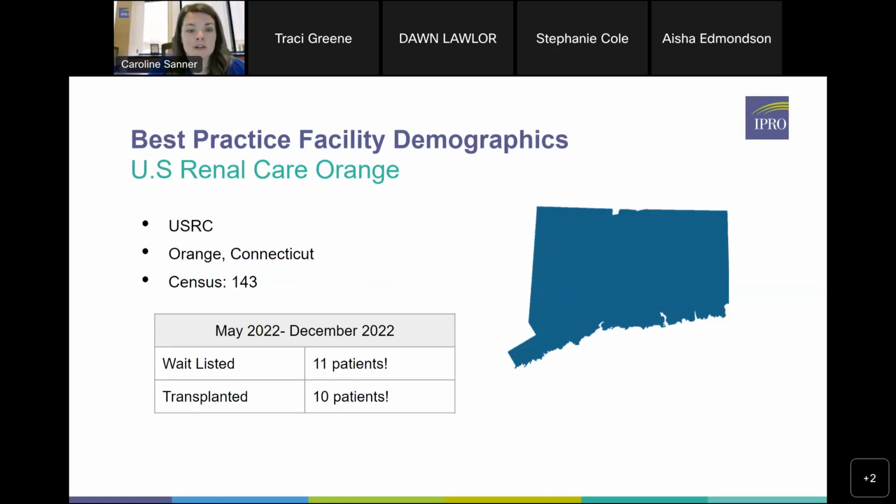Their census is 143, and you can see down in the box that I've provided since May of 2022 until December, which was roughly 6 months, they've waitlisted 11 patients and transplanted 10. So they've done very, very outstanding for this goal area, and we wanted to bring them on today so they could share with you all what their practices are that makes them so successful.